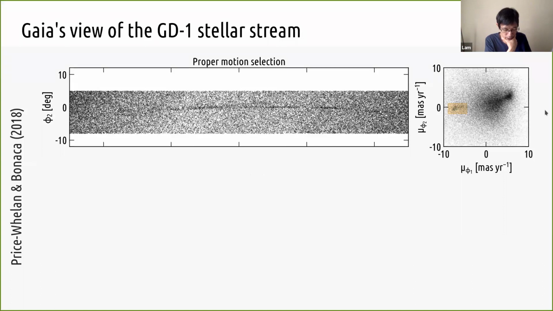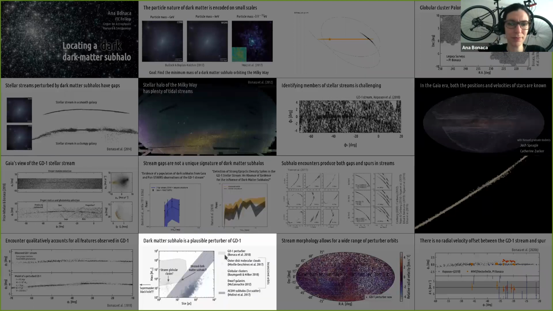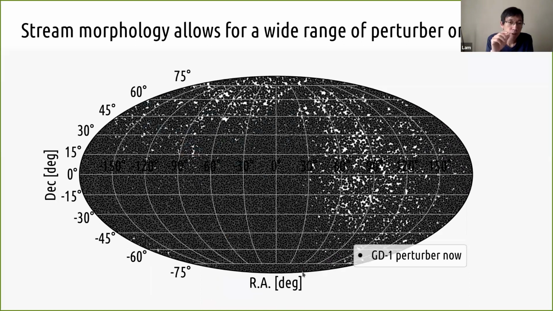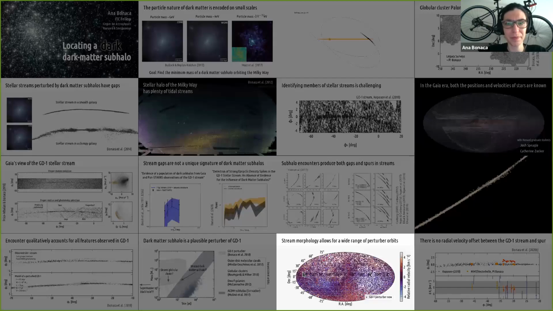The other question I had was, you showed this very nice plot where you can even predict where the perturber is. By focusing on a radial velocity dispersion that's sufficiently small, somehow you pick out this lower left corner.